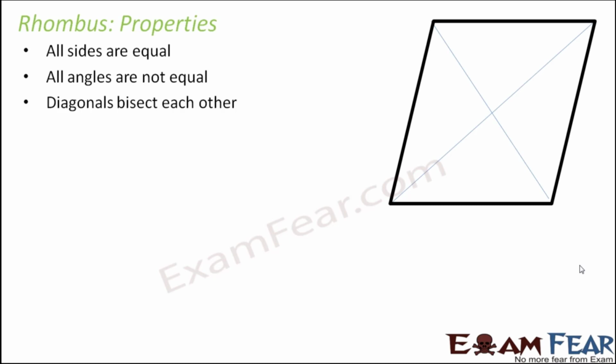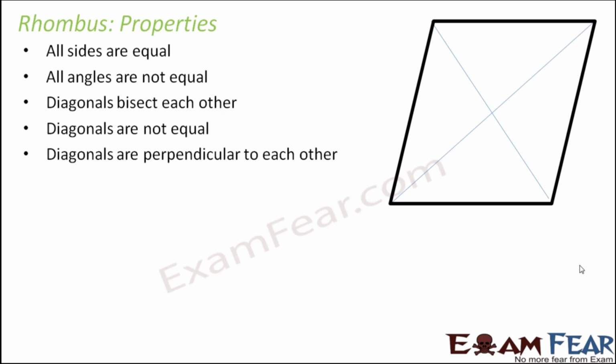Diagonals bisect each other in this case, the same property as a parallelogram, but the diagonals here are not equal. However, the diagonals are perpendicular bisectors of each other. Now, this property is similar to a square, because like a square, a rhombus also has all its sides equal. Therefore, here diagonals are also perpendicular bisectors.